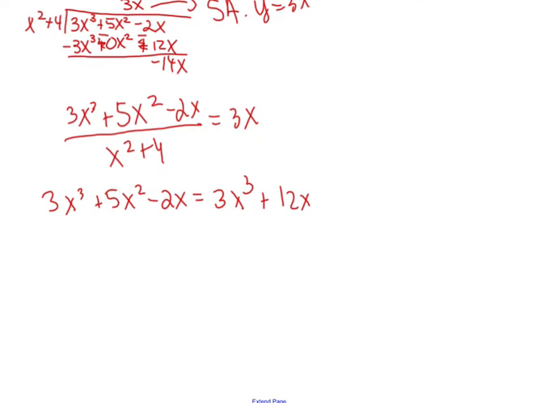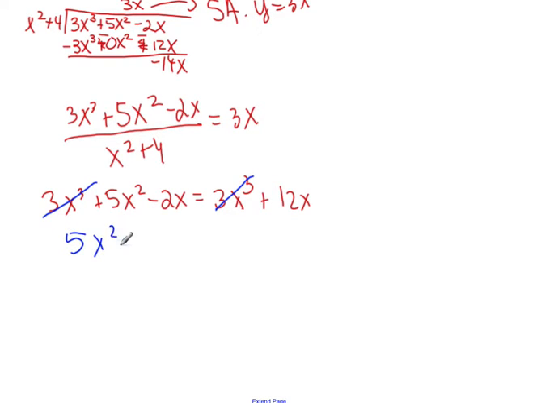Now, I'm going to subtract 3x to the third from both sides, and that's nice because that goes away. Unfortunately, my x squared term does not cancel, so I'm going to have to set this equal to 0 and solve.